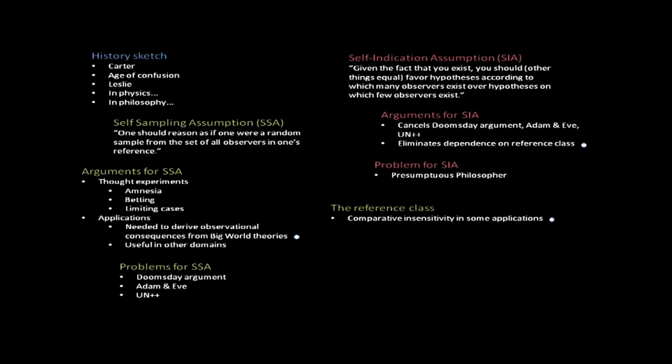And it seems that there is some correlation between the degree to which an application is insensitive to the precise definition of a reference class and how, in an intuitive sense, scientifically solid, robust, legitimate that application is, which is interesting. So the greater the sensitivity to the reference class, the shakier the inference seems to be.